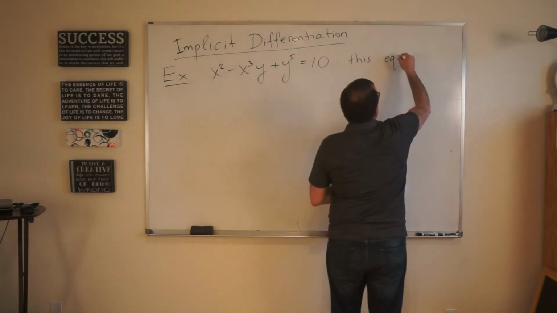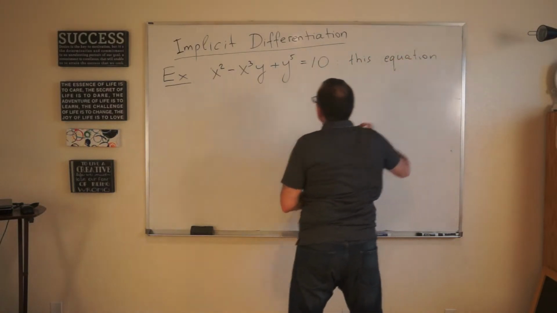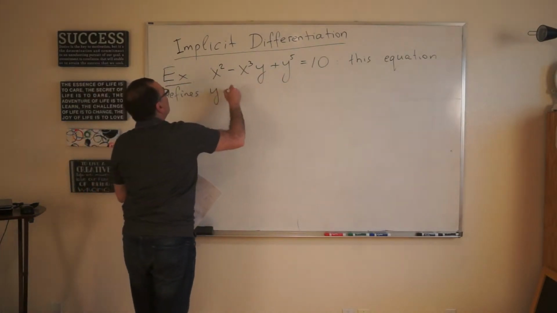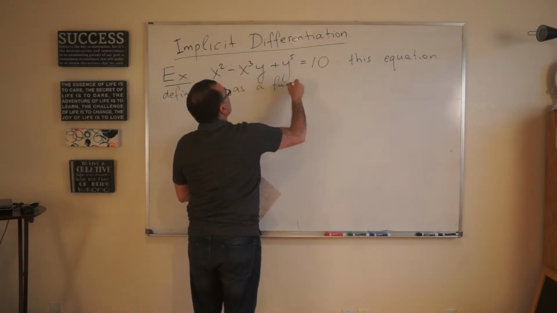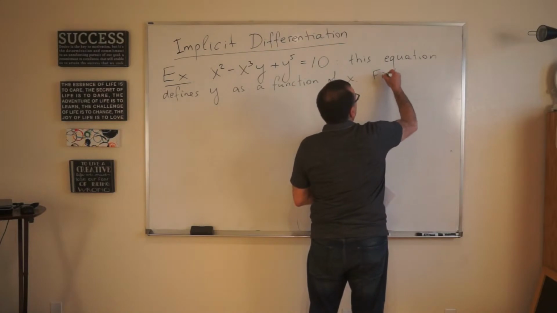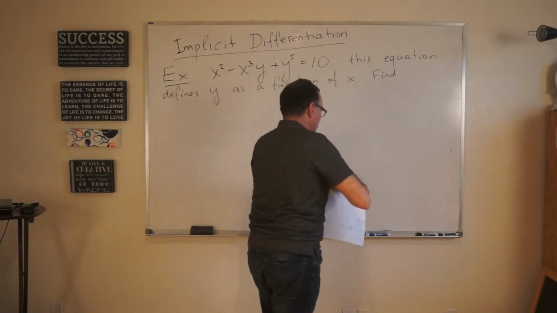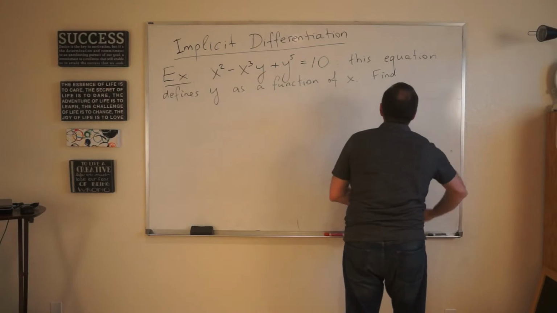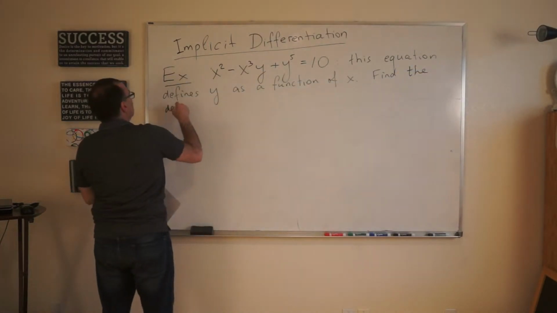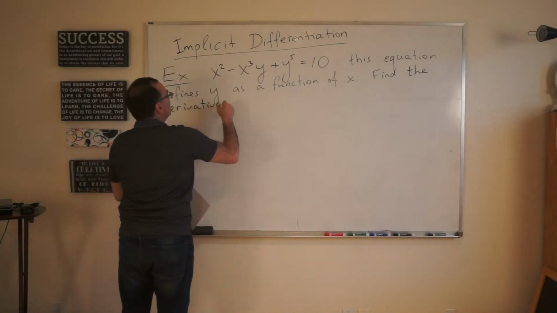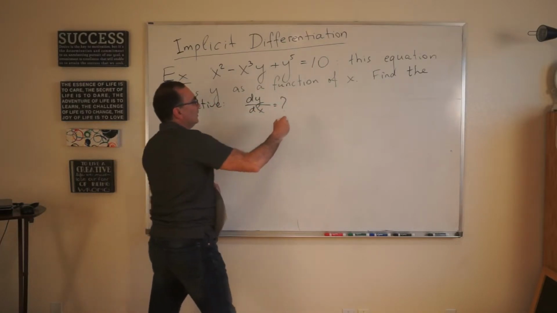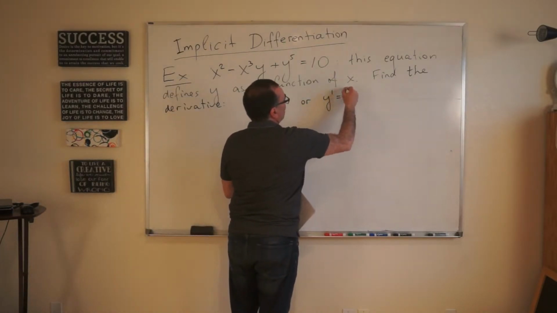This equation defines or represents y as a function of x. And the question is find the derivative of this function. Again, the proper notation will be dy over dx, so find this derivative, or y prime.